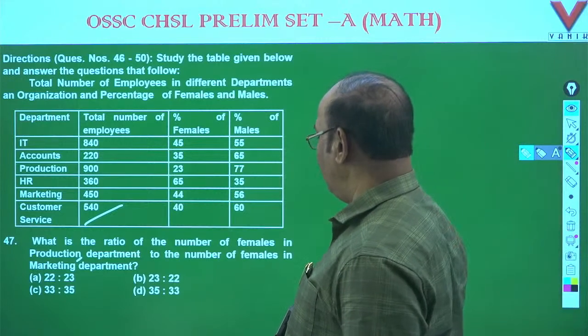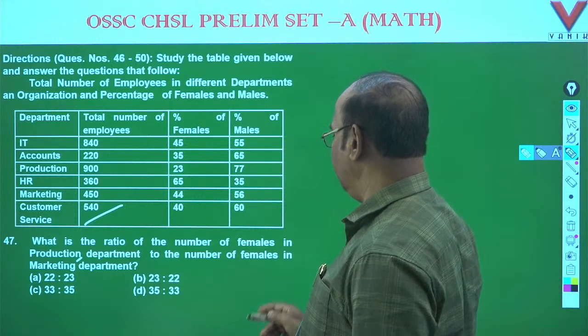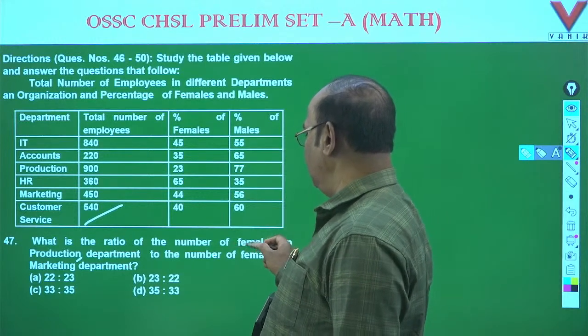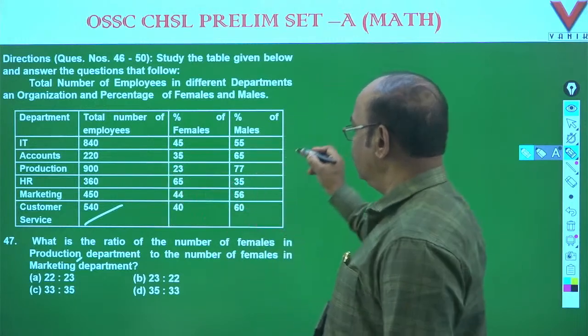What is the ratio of the number of females in the production department to the number of females in the marketing department? Females in production: 23% of 900, so 9 into 23.